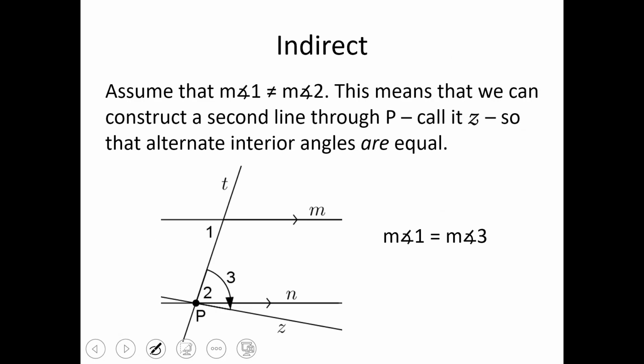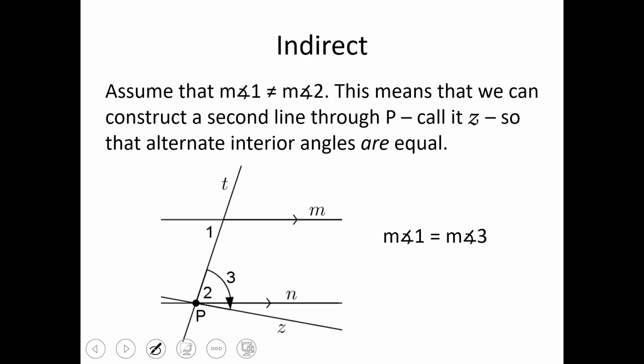Okay, and then ask yourself what follows. Angles 1 and 3 are alternate interior, and they are now equal, which would mean that the line that was created to form this angle 3, that is line C, would be, by the alternate interior angles test proven in the previous section, parallel to line M. But then we would have two lines through point P, both parallel to M, and that is contrary to the Playfair postulate.